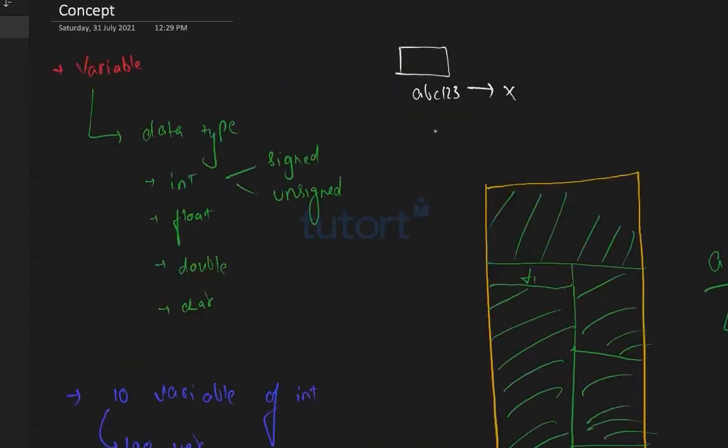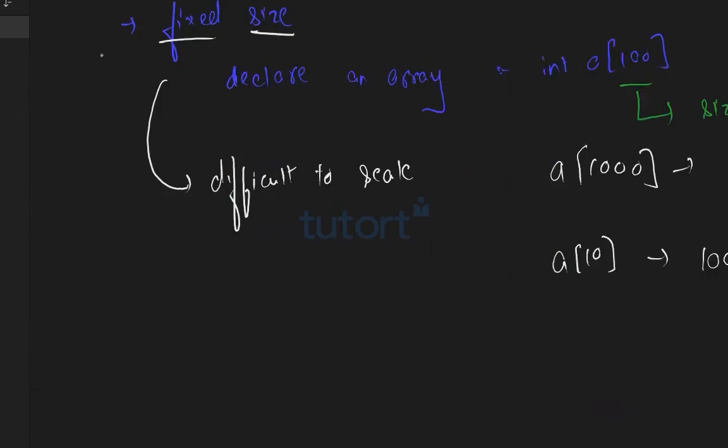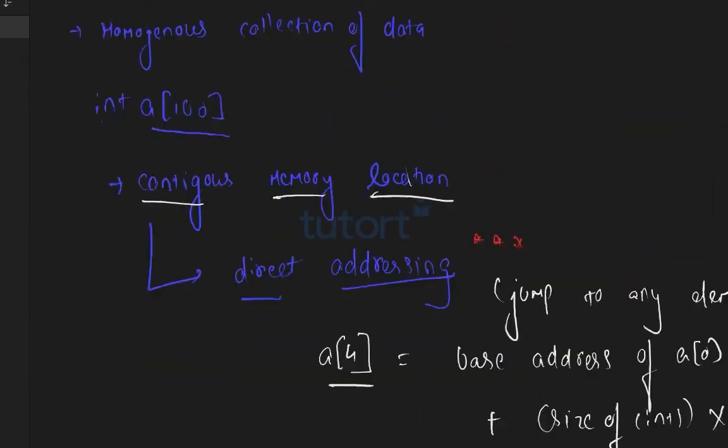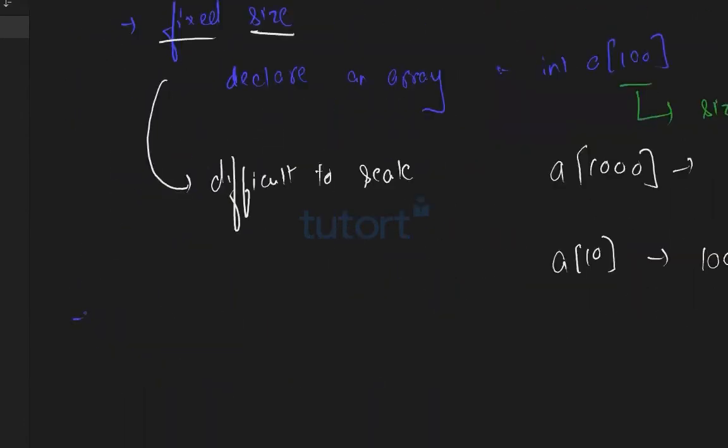Okay, so these are the array properties. One more point is indexing. In almost all languages, the indexing starts from zero. Indexing for the array always starts from zero.